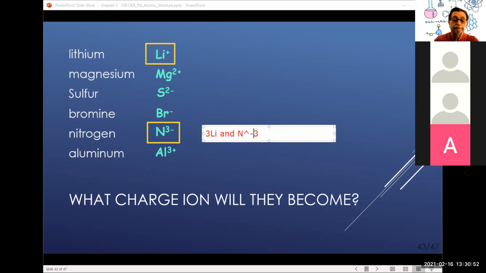That's a superscript there. I'm going to need 3 lithium positives for every 1 nitride -3. And so now that 3 I put in front of the lithium becomes a subscript. So the formula is, and I don't have subscript here, so that 3 is a subscript, Li3N. And its name will be lithium nitride.